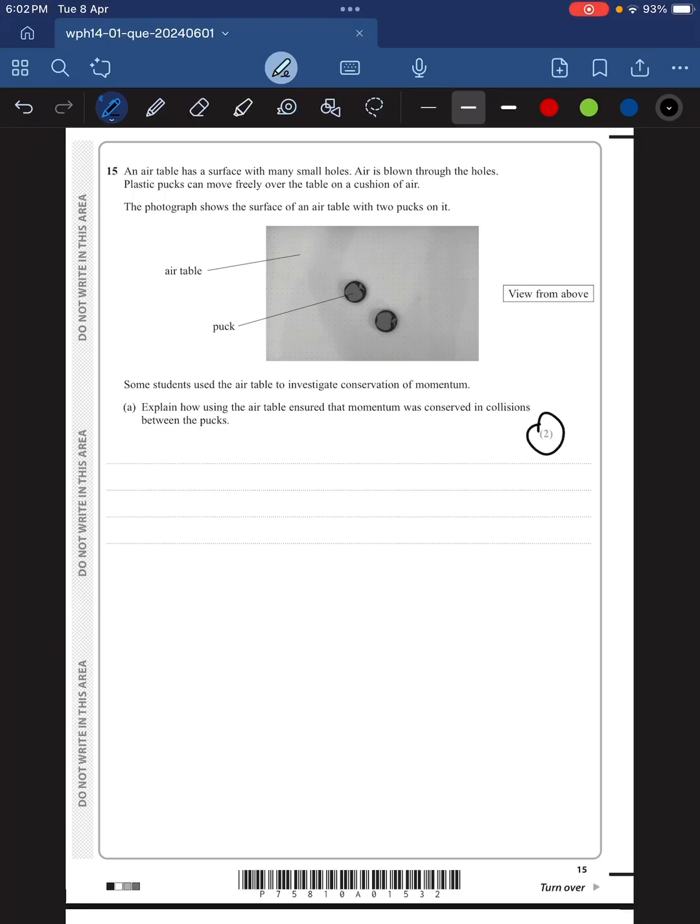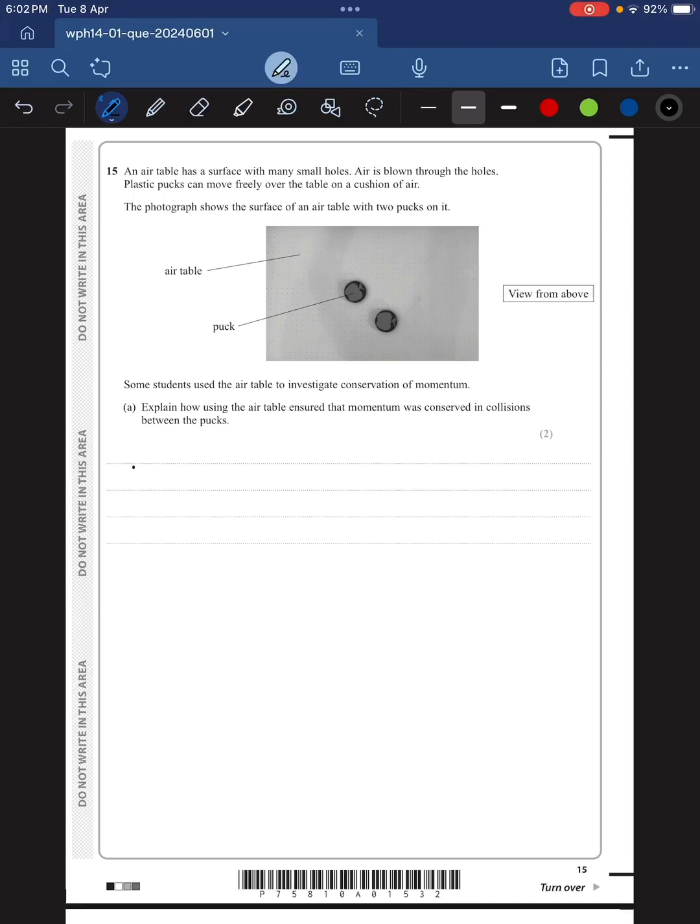So this is a 2-mark question. It's kind of a simple one. The principle of conservation of momentum says that we shouldn't have an external force. In this case, the external force will be friction, which is eliminated because of the air cushion.